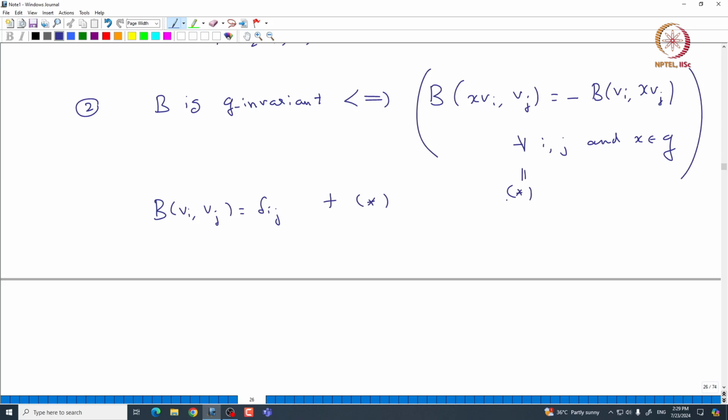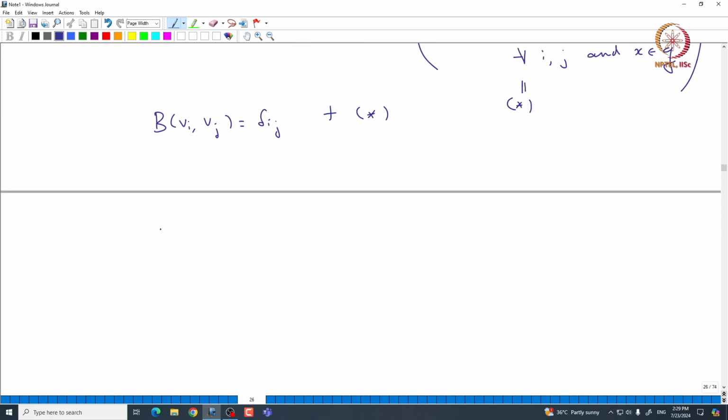Then you can easily see that this condition star can be rewritten as follows. The star can be rewritten as Vj star of xVi is equal to minus Vi star of xVj.